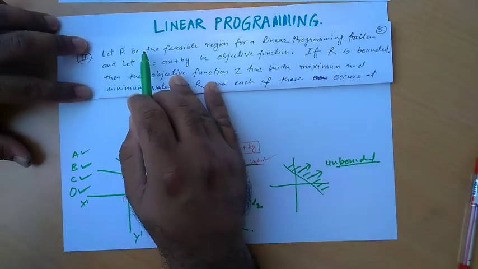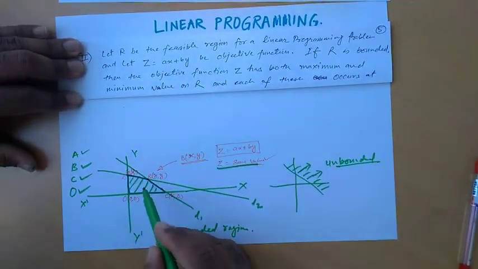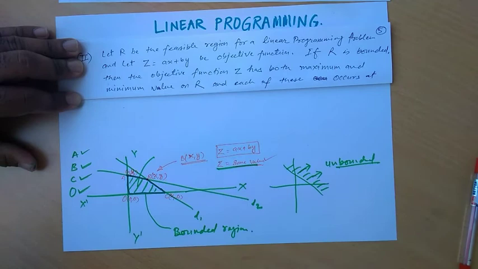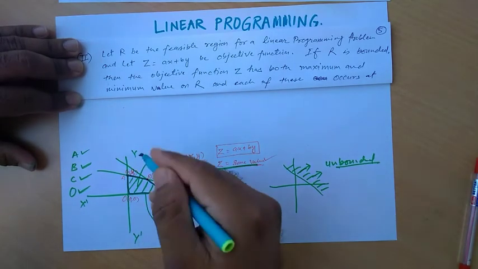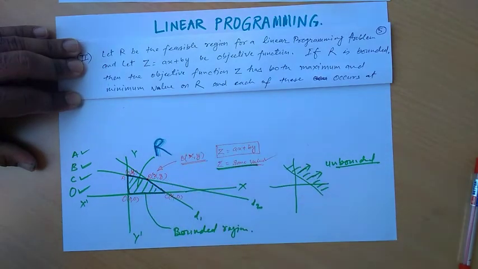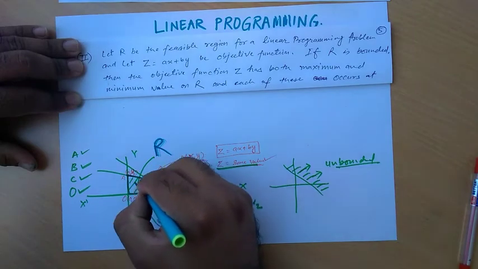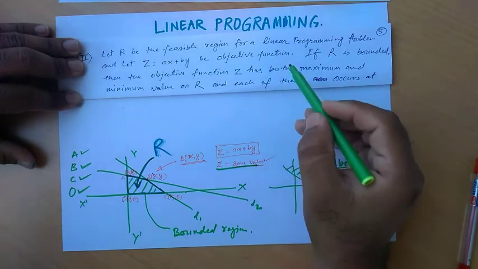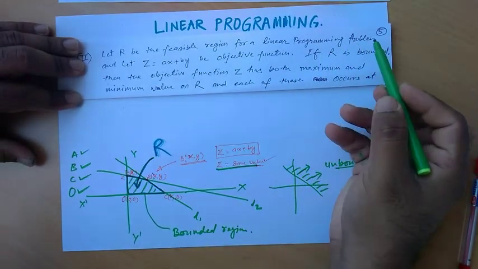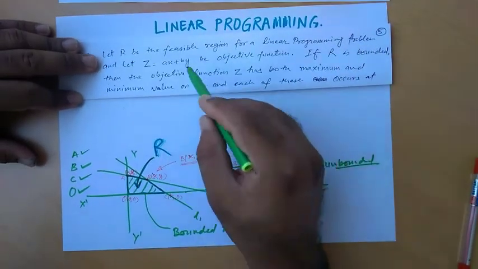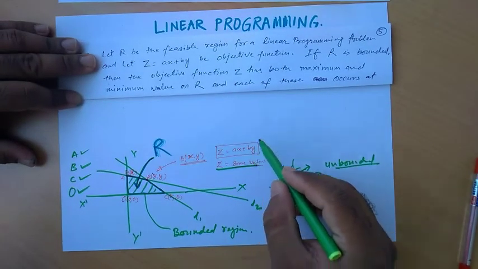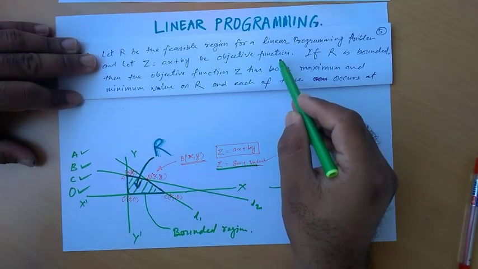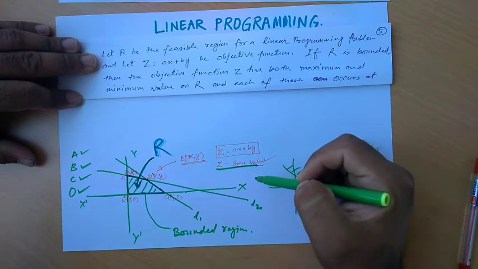This is R, the feasible region for a linear programming problem, that is LPP, and Z = AX + BY be the objective function.